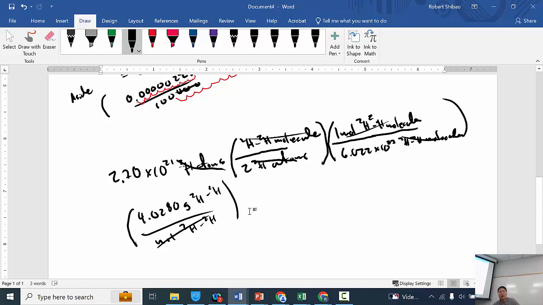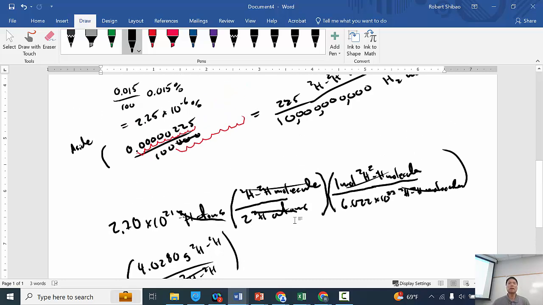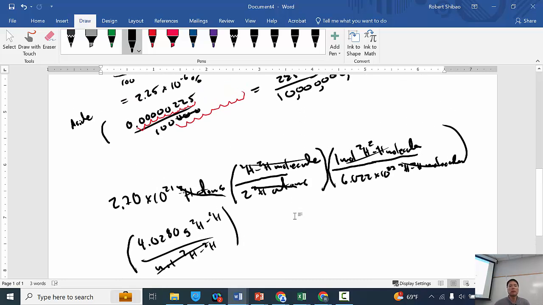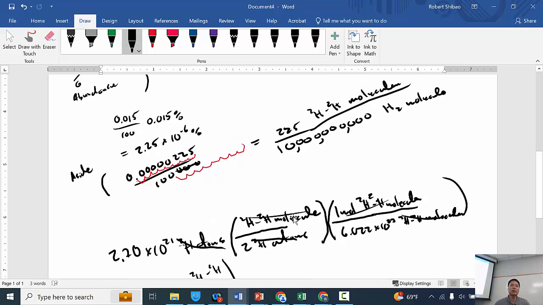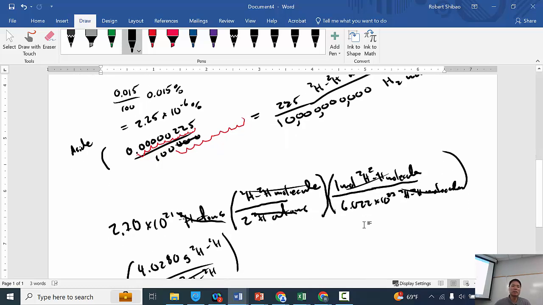Okay, so now where can I go from here? Did you do the percent? Yeah, so this is the next step. I would probably go to percent, right? I just calculated my percentage right here. So I'm going to use that percentage here.